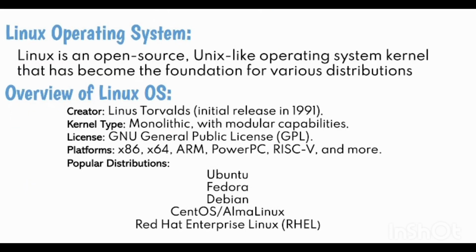Now we see the Linux operating system. Linux is an open source, Unix-like operating system kernel that has become the foundation for various distributions. The overview of Linux: the creator is Linus Torvalds, initial release in 1991. Kernel type with modular capabilities.